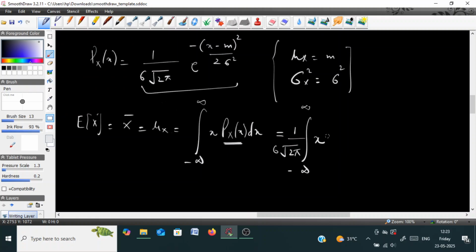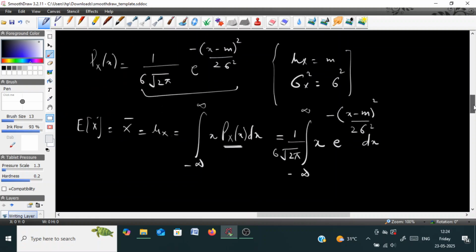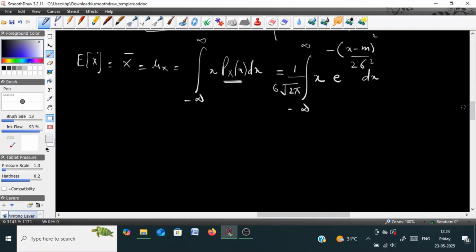Okay, m and sigma both are constants, into e raised to power minus x minus m square divided by 2 sigma square into dx.